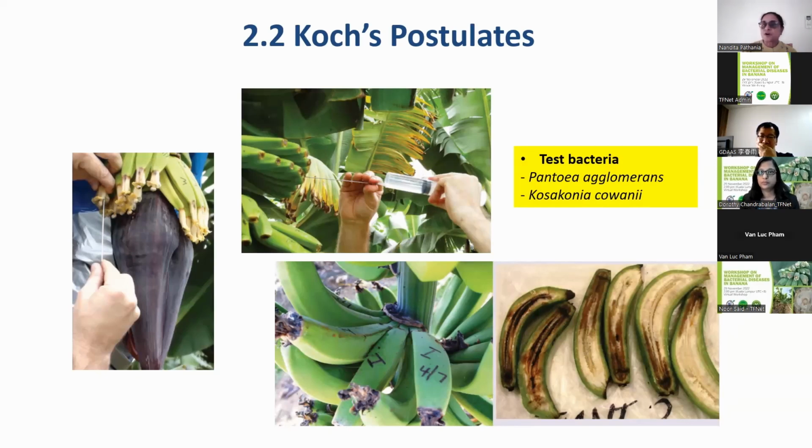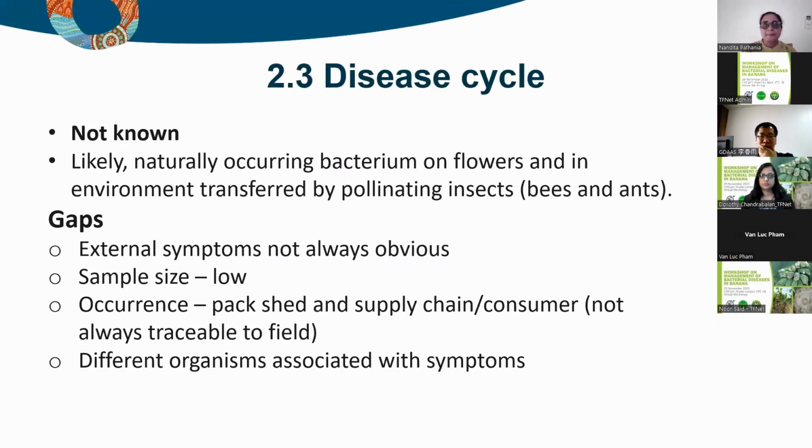This proved the postulates, and shows us that there is not one organism which can cause this kind of problem, but a number of bacterial organisms which may cause fingertip rot under certain environmental conditions.